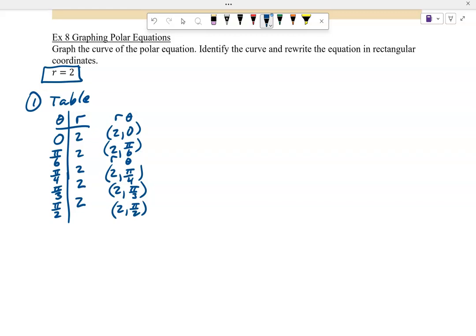So let's graph these and take a look at the behavior here. If I do not rotate, so theta is 0, and I go out 2, I'd be right there.